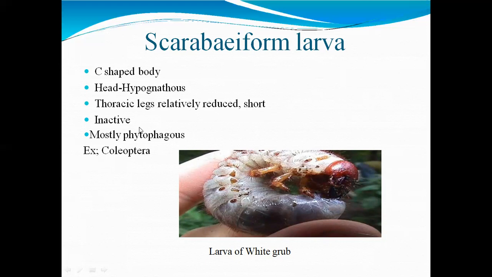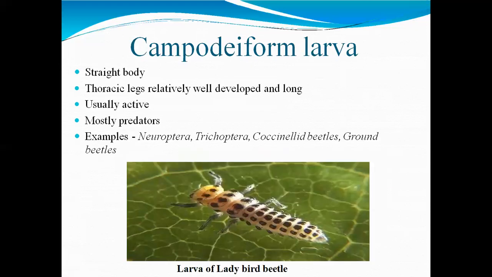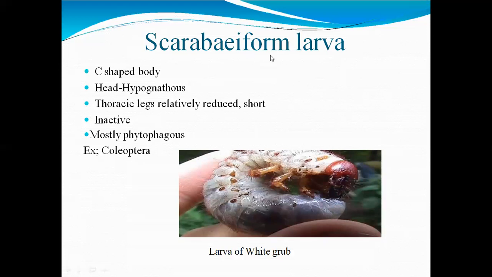This type of larva is inactive. Campodeiform larva is usually active, and scarabaeiform larva is usually inactive. Example is Coleoptera, the larva of white grub.